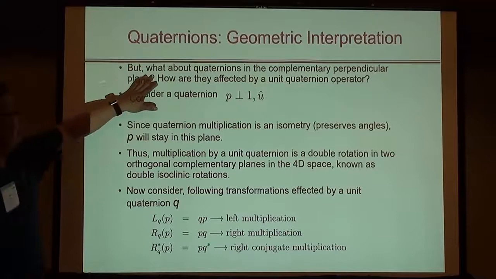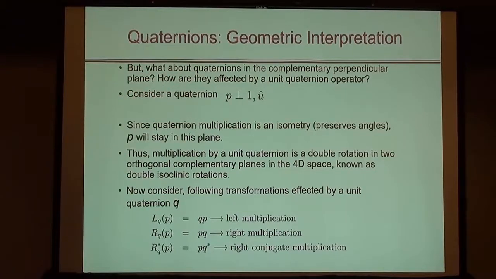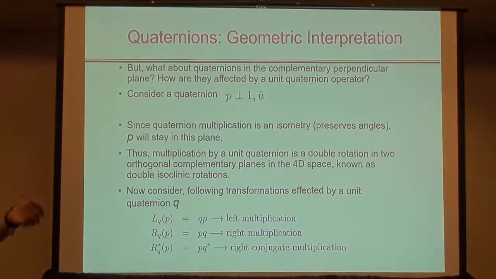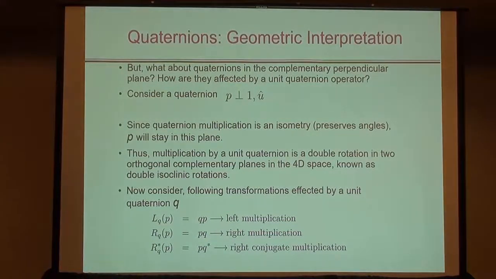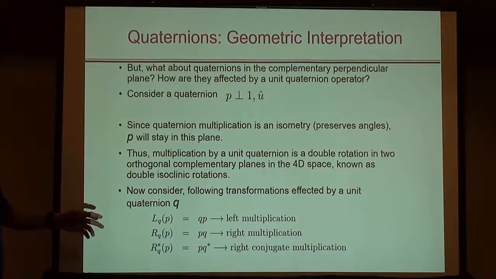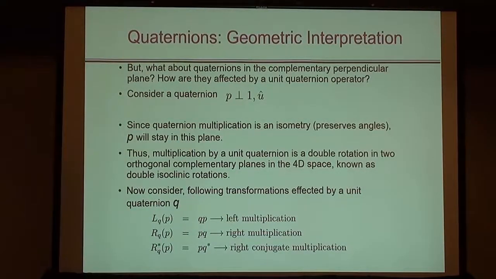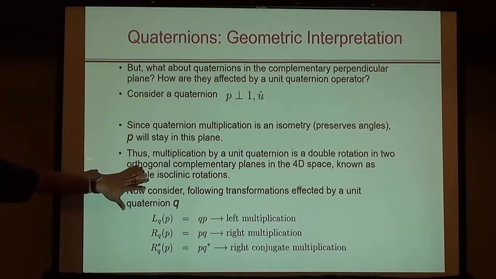Basically they ask, what about Quaternions in a complementary perpendicular plane? By complementary perpendicular plane, I mean the plane that's orthogonal to the given plane. How are they affected by a unit Quaternion? I'm not going to read through this.